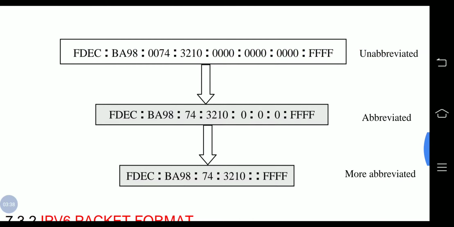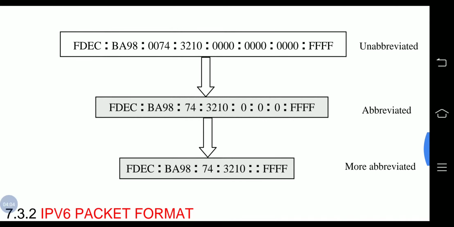See in this figure, the actual address consists of FDEC, then BA98, then zeros, then 0000, FFFF. That is the unabbreviated form. In the abbreviated form, you will find that the 4 zeros can be abbreviated as a single zero, so it becomes 0 and then FFFF. And in the more abbreviated form, we eliminate the zeros and put 2 colons there. So that is the more abbreviated address.